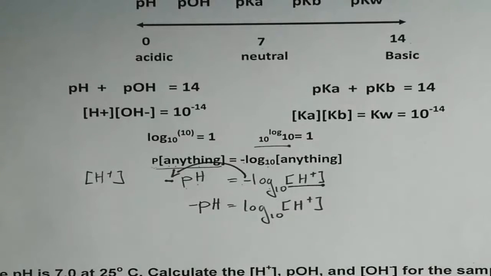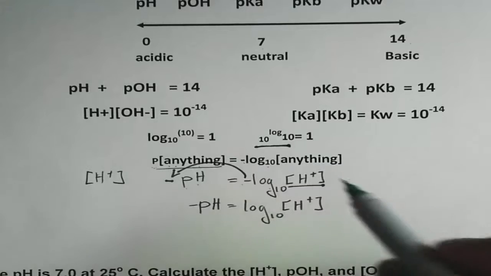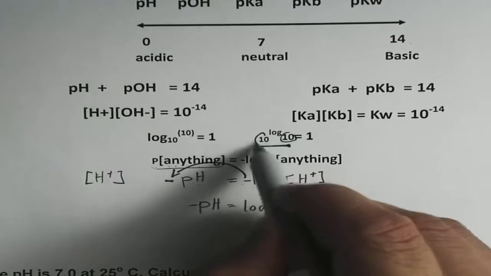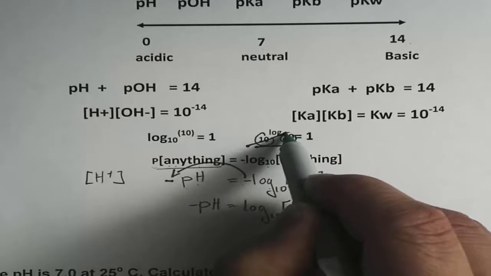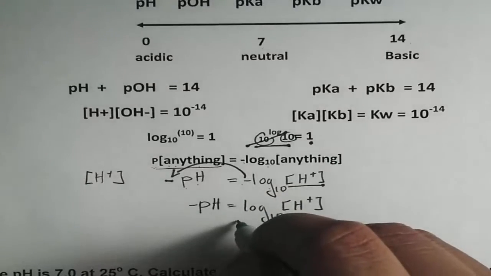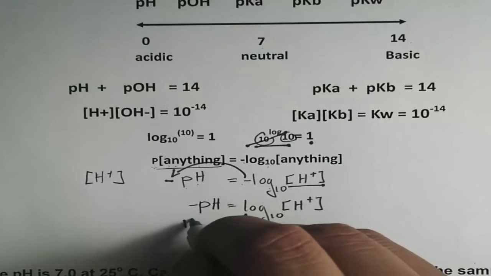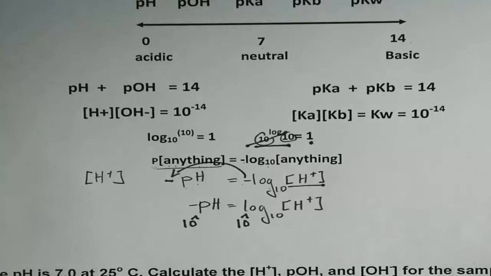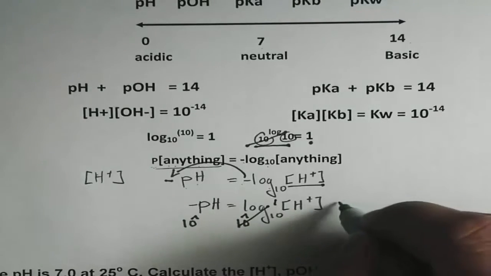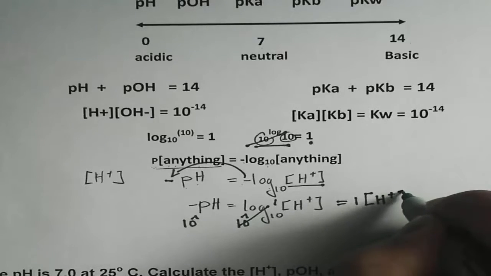Now we are going to use this rule of logs, because 10 to the log with a base of 10, the 10 and 10 cancel each other out, equal to 1. If that's the case, can I just put 10 to the power of that whole entire thing, and do the same thing over there? So this now is going to be equal to 1 times the concentration of H plus.